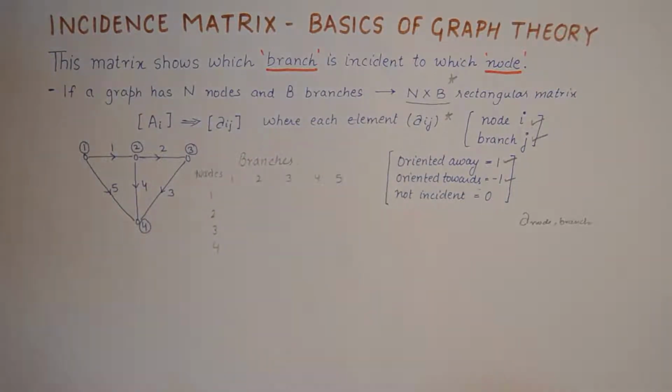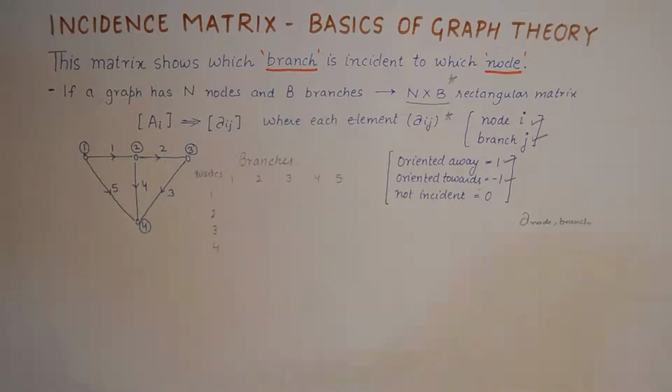So depending upon whether it is running away from the node, we'll put a 1, and if it is running towards the node, we'll put a -1, and if it has got no relationship whatsoever with the node, we'll put a 0.